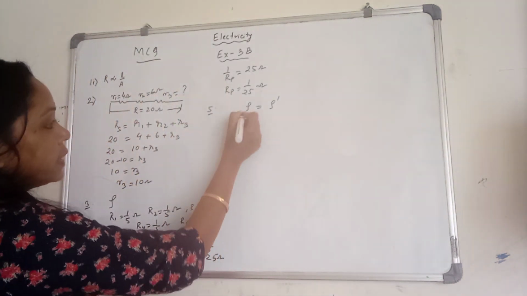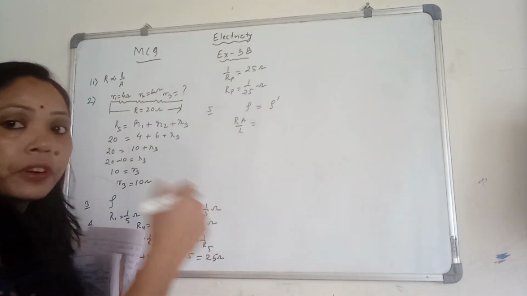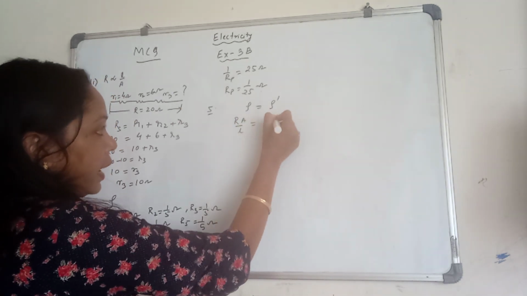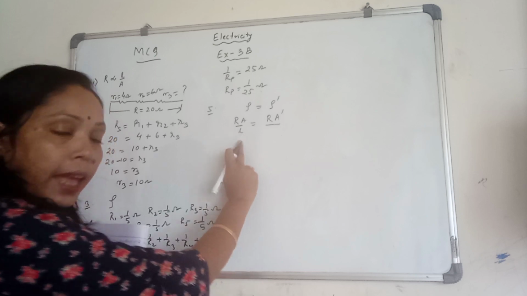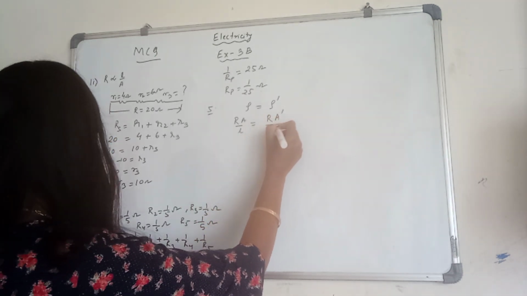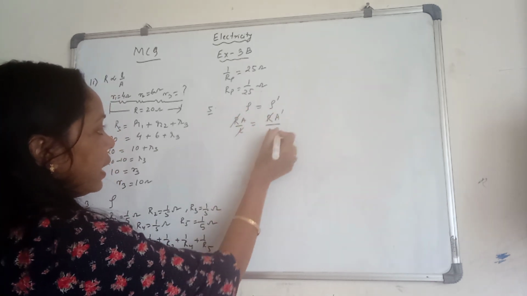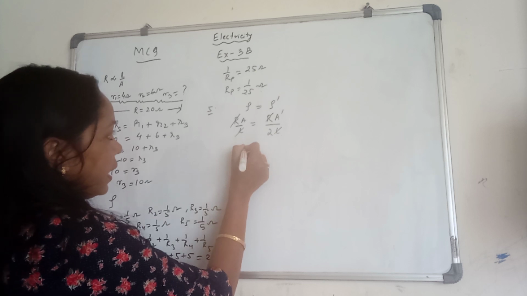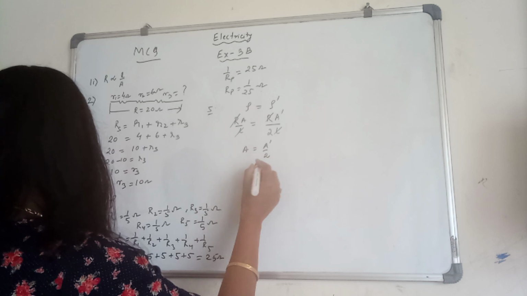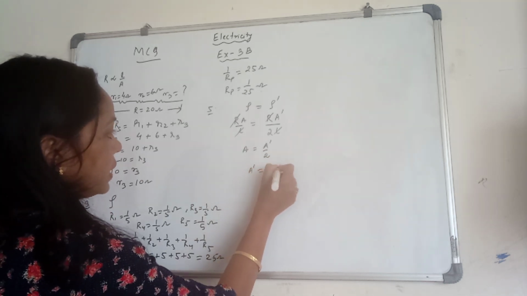So for the first conductor, the rho formula will be RA by L, and for the next conductor, the resistance is given as R, A dash you have to find, and the length is given as twice L. So now cancel the common terms, L. So A is equal to A dash by 2, and A dash is equal to twice A.